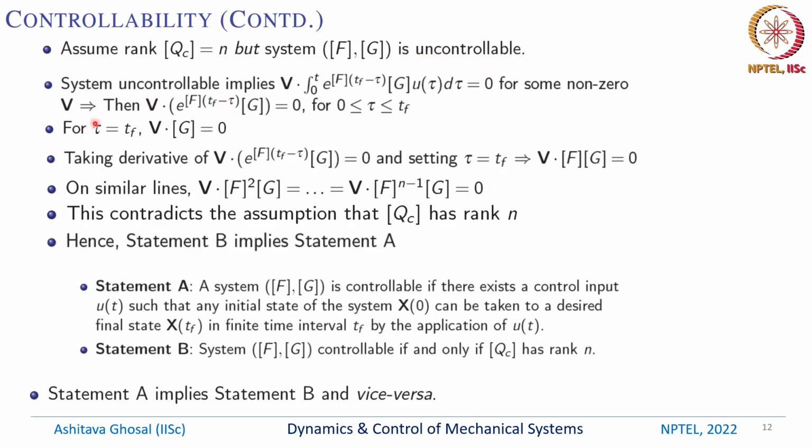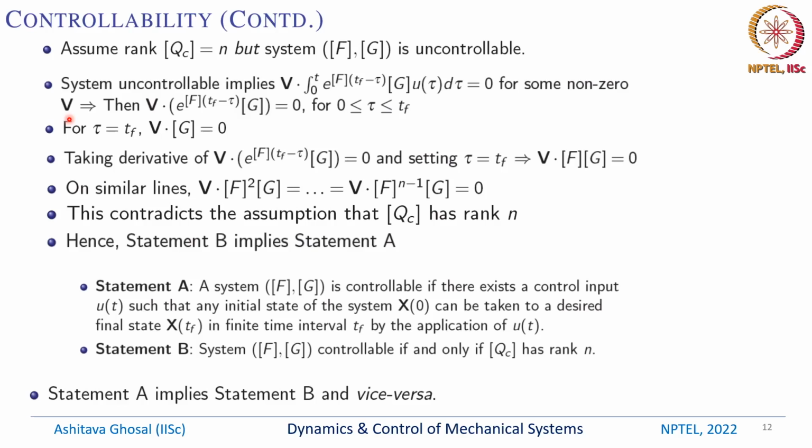If the system is uncontrollable, it implies that some v dot this solution of the state equation will be equal to 0 for some non-zero v. If the system is not controllable, then there are some points which I cannot reach. And there is a vector v in the null space such that v dot that solution x(t) is equal to 0.